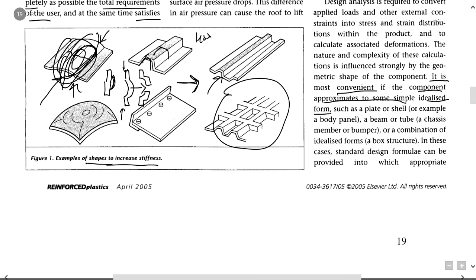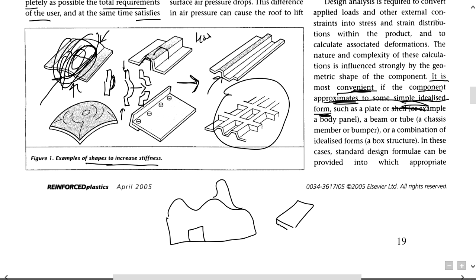Alright, and the next thing, for your complex design: if you have a really complex curvature geometry house, this is your house and you want it to look like this, one way is that it is convenient to approximate it with some simple idealized forms, like some panel, some simple shape, and then you mix it with another shape, and then you have a curvature like that.